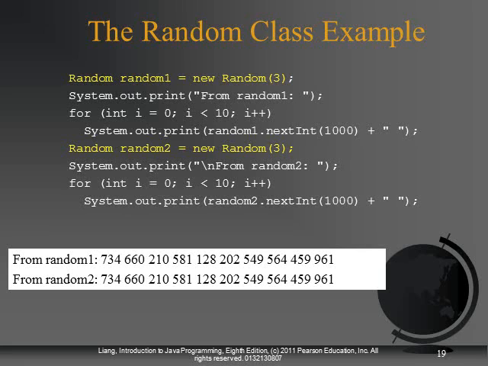Using a seed, you get a predictable sequence. Okay? With random number generators, if you want a predictable sequence, then you set the seed, i.e., it's kind of like a beginning value.